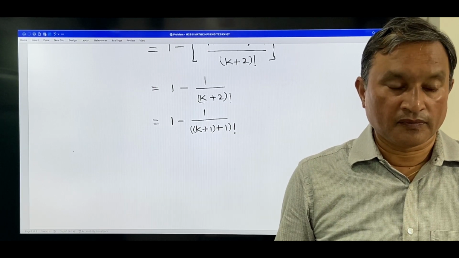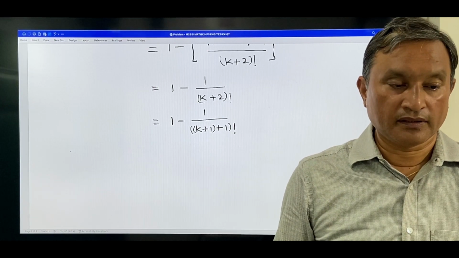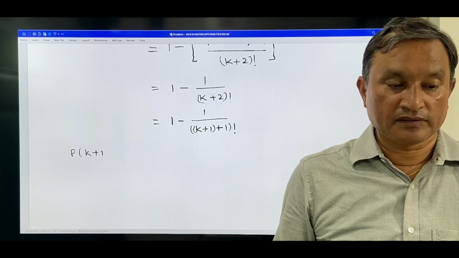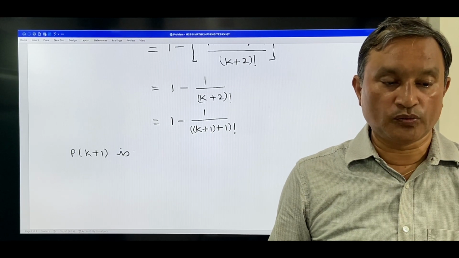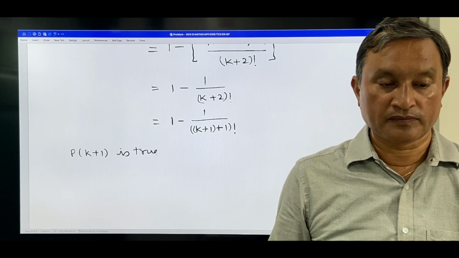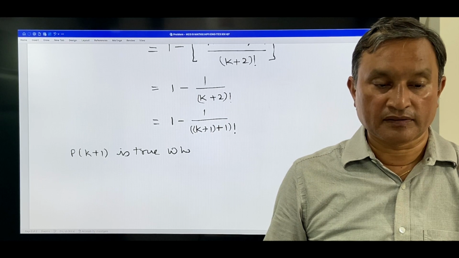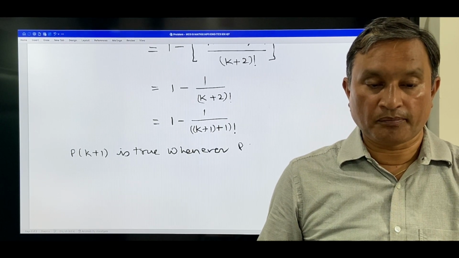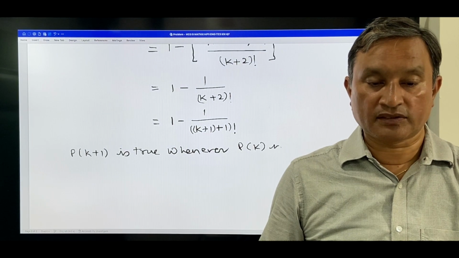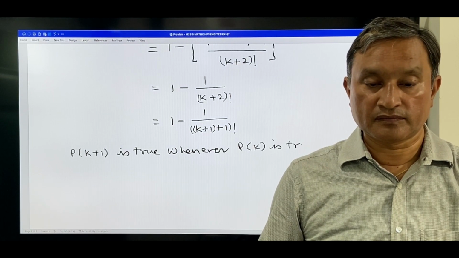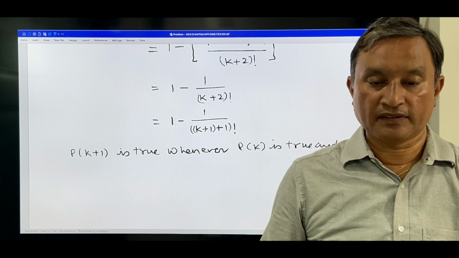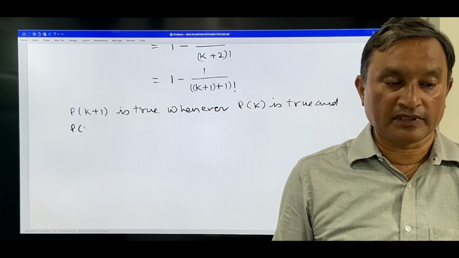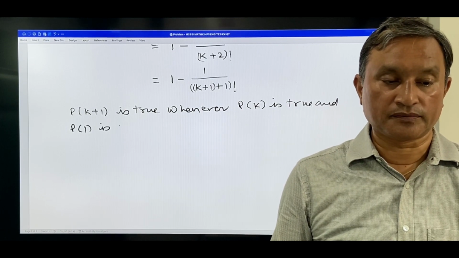So we can say that P(k plus 1) is true whenever Pk is true and P1 is true.